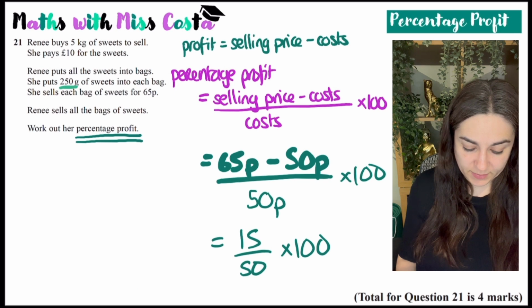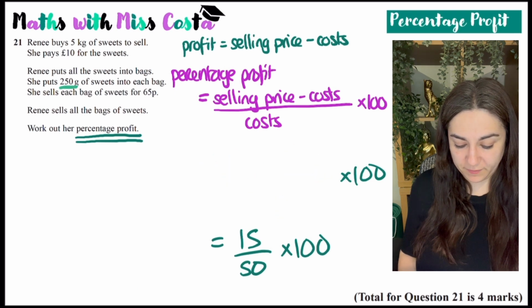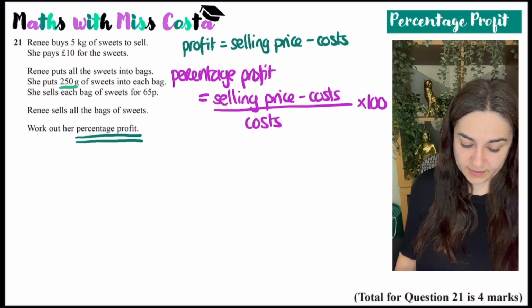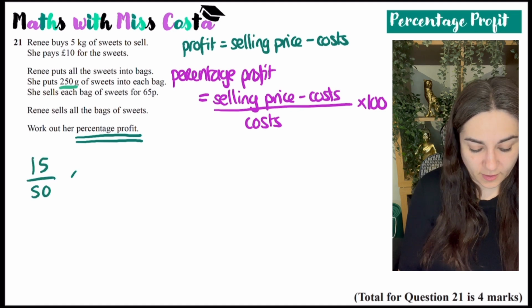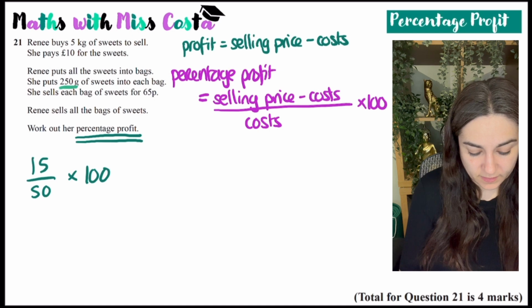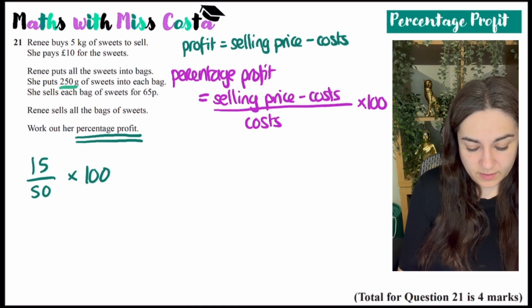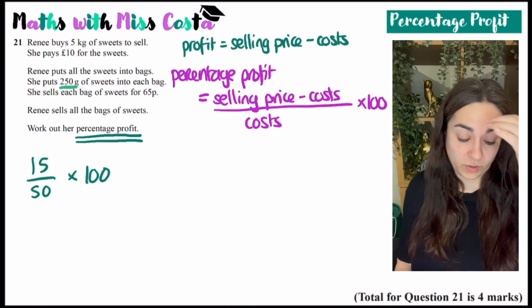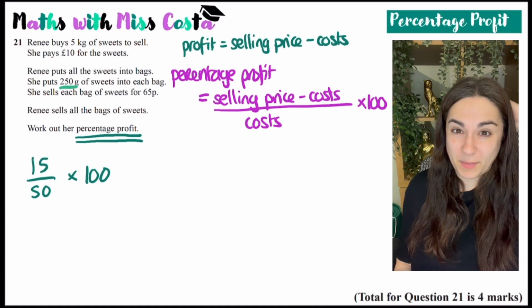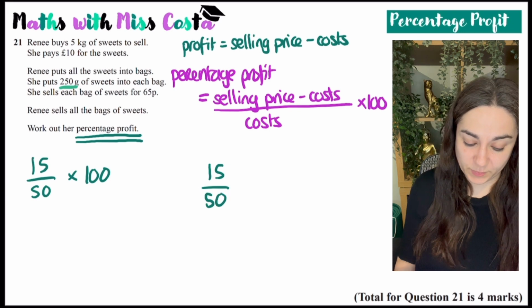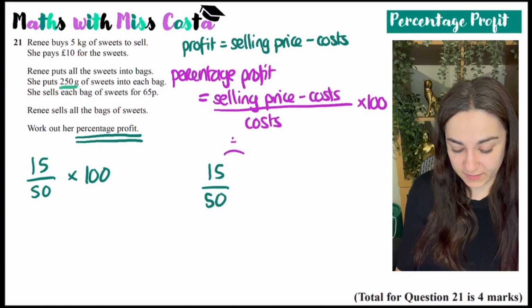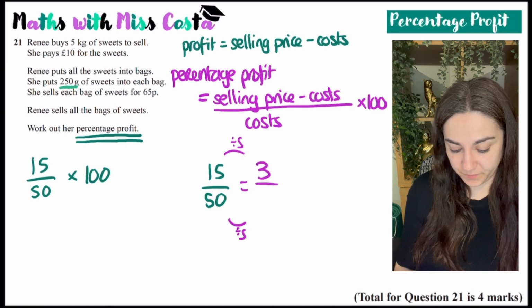Now I'm going to need to do a little bit of simplifying to make my life easier. So I know I've got 15 over 50 times by 100. And it depends actually on what your maths numeracy is like as to what you're going to find easier. Probably the easiest thing would be to simplify 15 over 50. So let's start by dividing by 5.